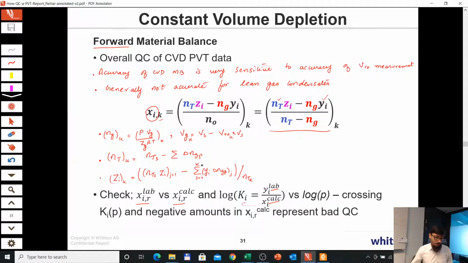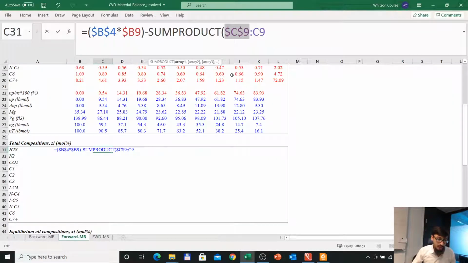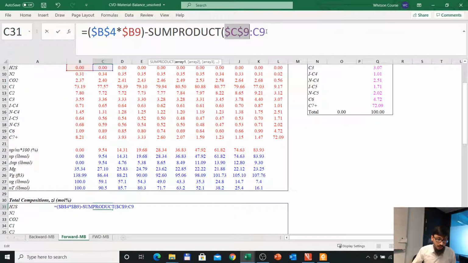So J2 will be fixed, so that's our second pressure stage, and if we are fixing this, then we should allow it to change when we are dragging down, but not if you're dragging on the right side. And then this one should be allowed to change. So that's the mole fraction times the moles produced. So delta NP, this guy here.